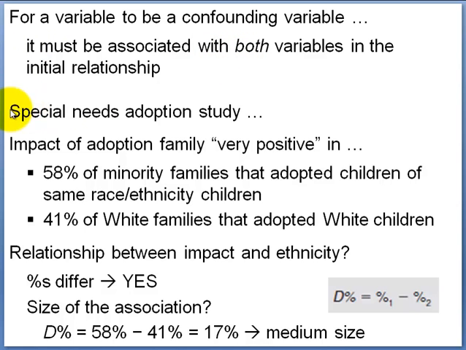So let's go to the special needs adoption study and look at an example involving a possible confounding variable.